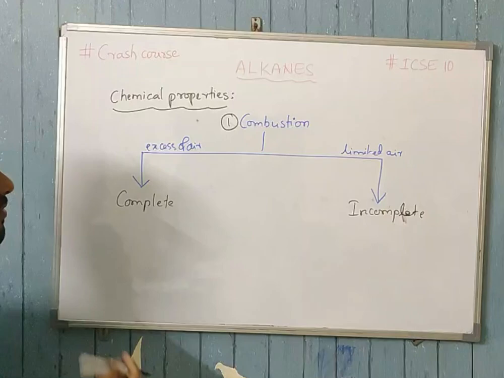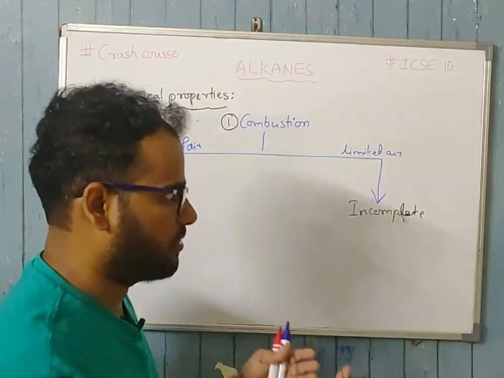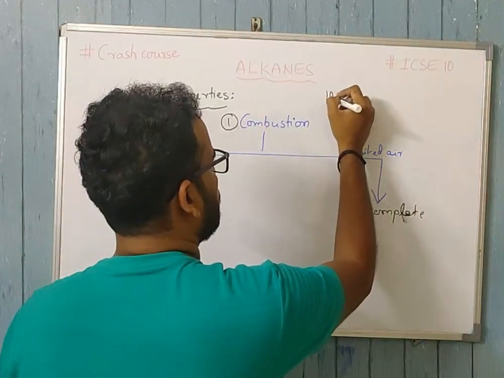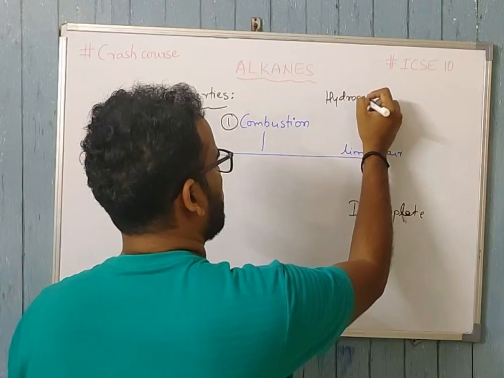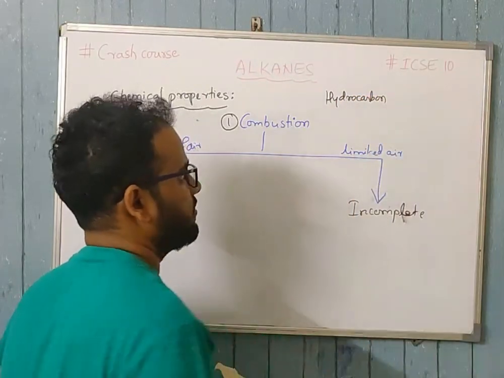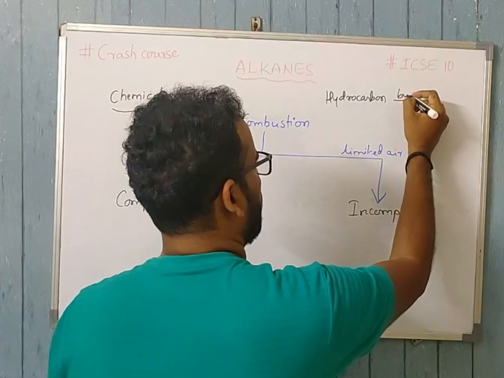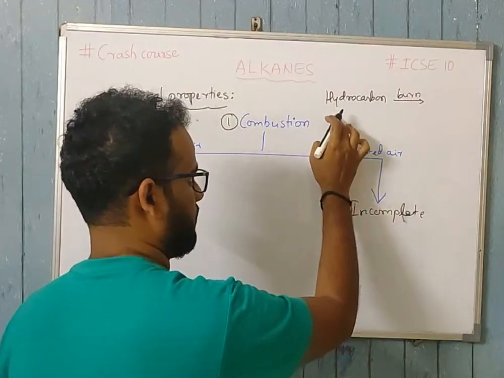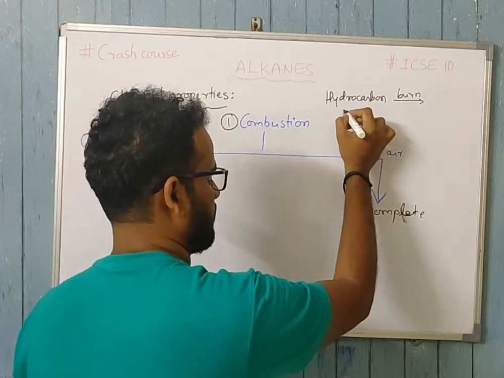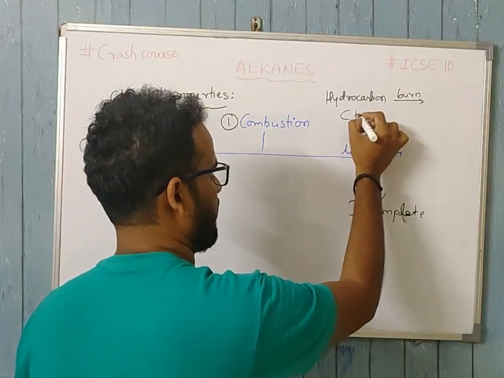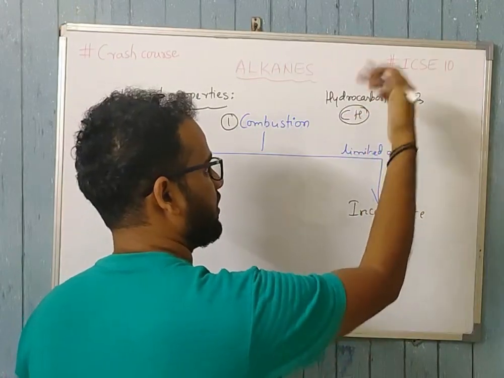Whenever you burn hydrocarbons, alkanes, alkenes, alkynes, they all are hydrocarbons. Hydro means hydrogen, C means carbon, so carbon and hydrogen are there. They react with the oxygen.